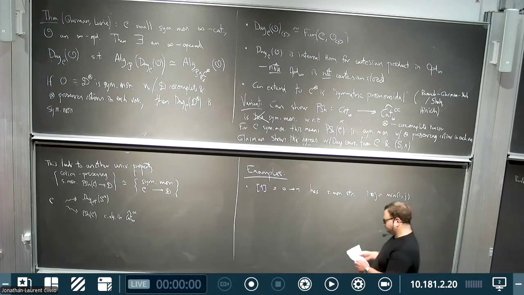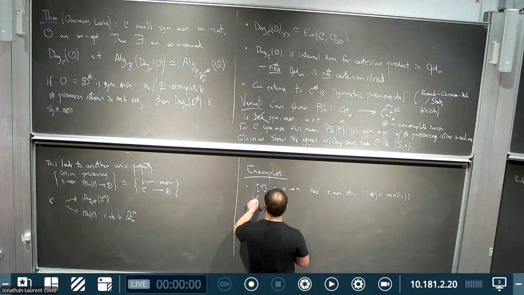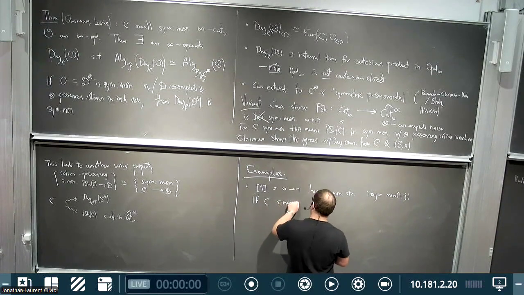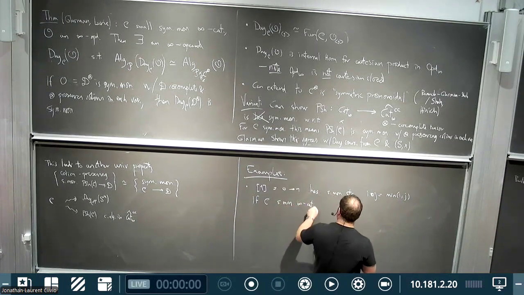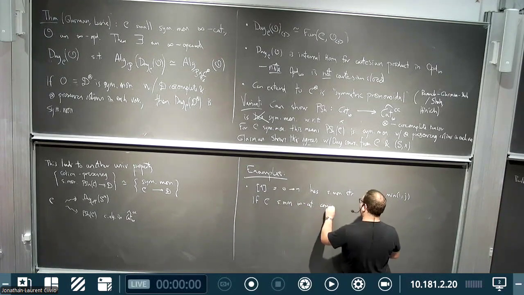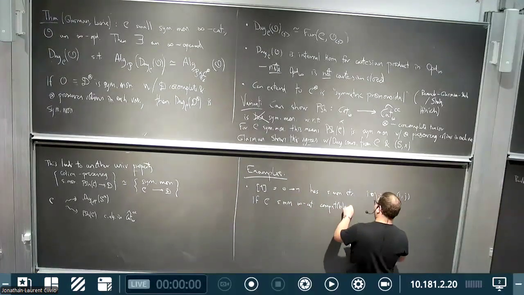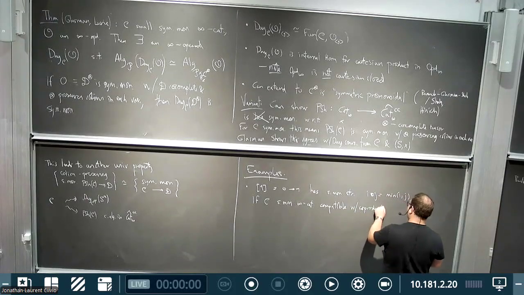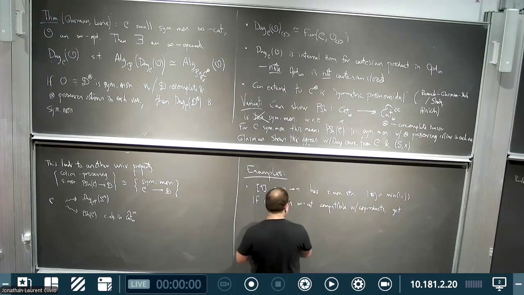And so then if I have C some symmetric monoidal infinity category compatible with coproducts at least, I get a Day convolution on the arrow category of C.